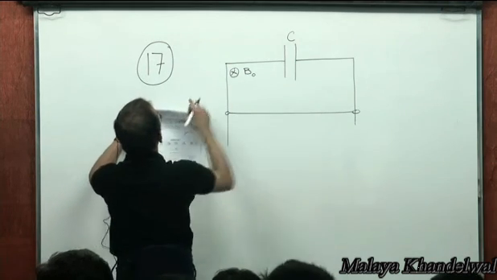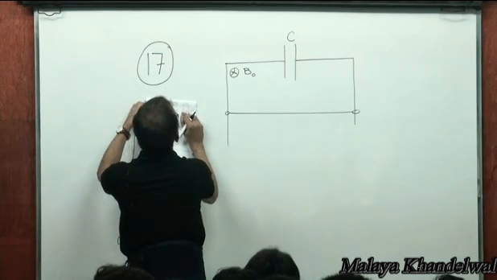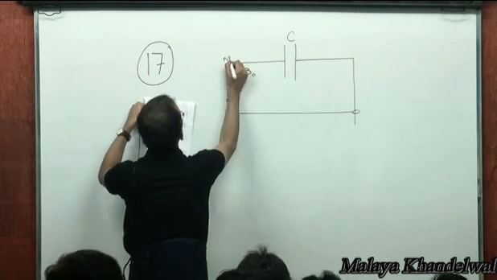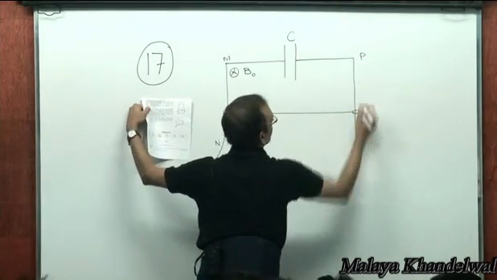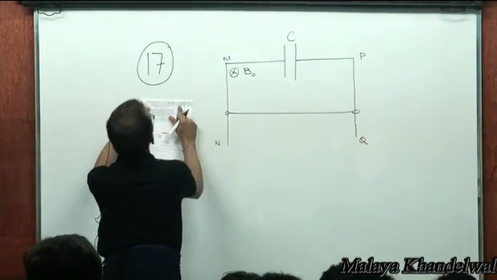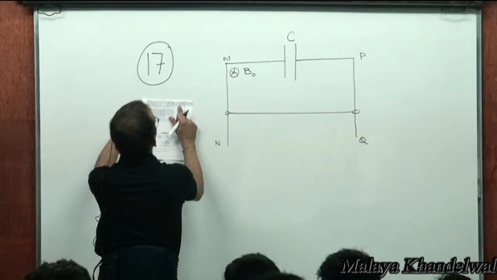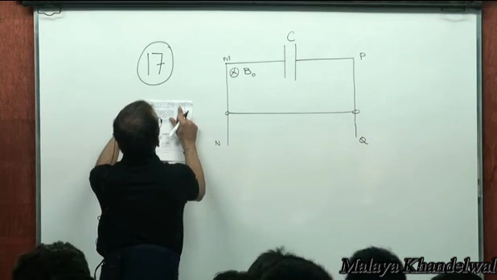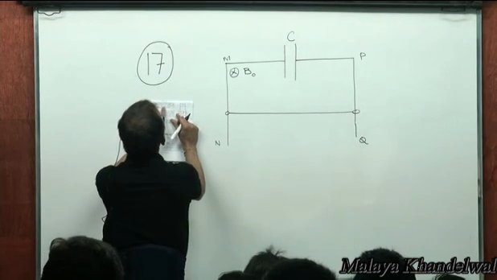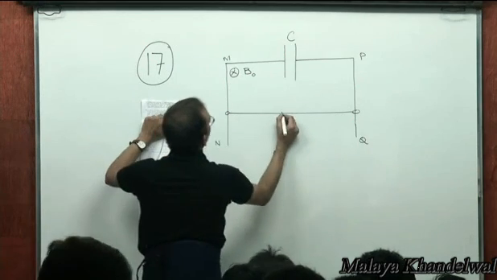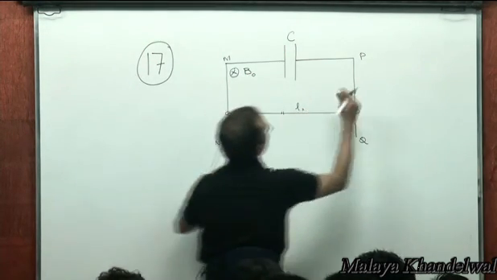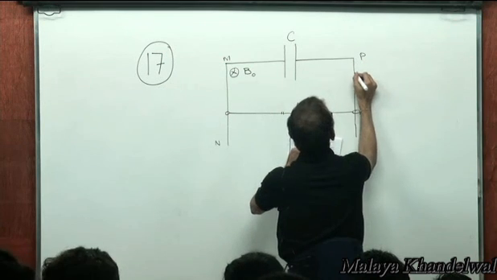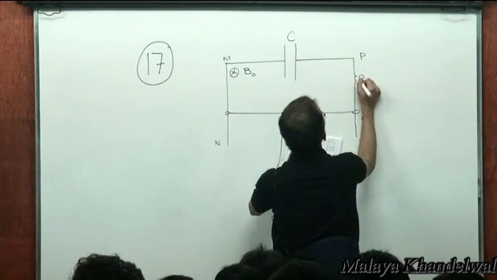We'll assume that it's going into the plane of the board. And this MN and PQ are vertical smooth conducting rails. The connecting rod is of length L and has a resistance R. So we can put the resistance here as if it's separate.